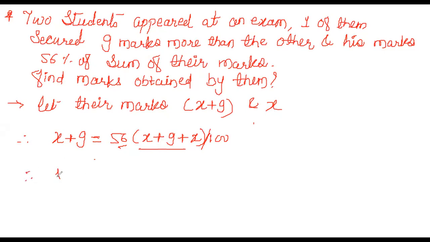So here this 100, we are taking on this side. On LHS it will be 100 into x plus 9. Here it is 100 into x plus 9 is equal to, we have that equation as 56 into 2x plus 9.